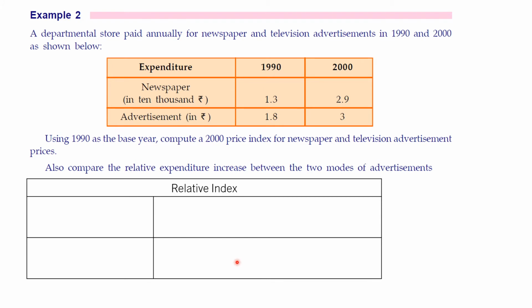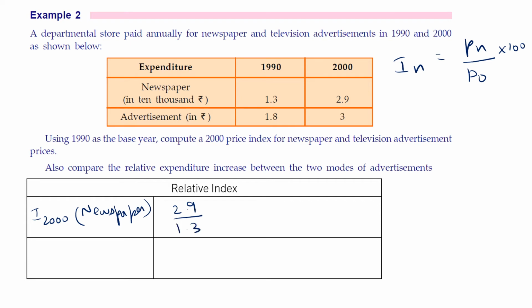So we can find it as follows. We just saw In is equal to Pn upon P0 into 100. Here we need to find I2000 for the first service, that is newspaper. So I2000 for newspaper is 2.9 upon 1.3 into 100.